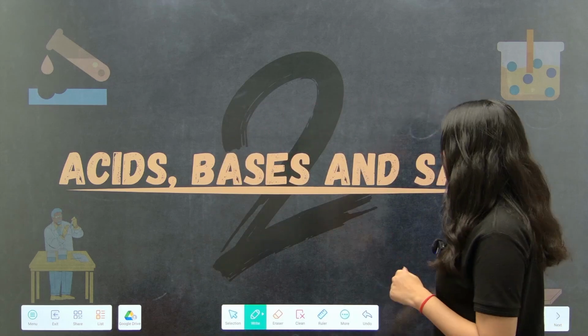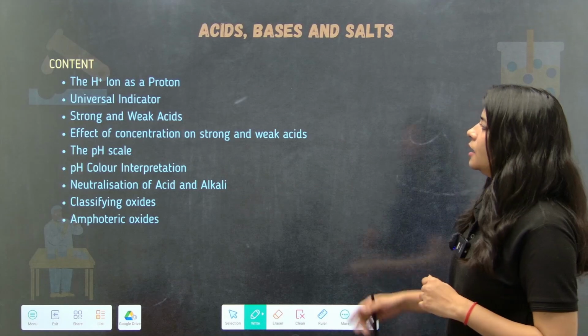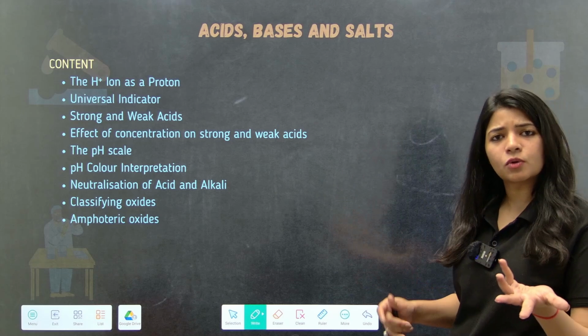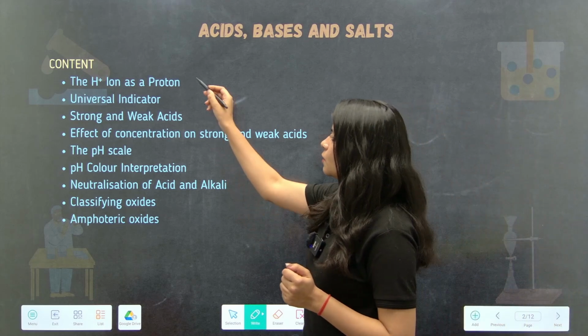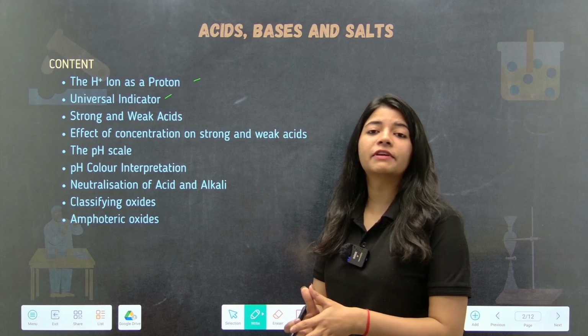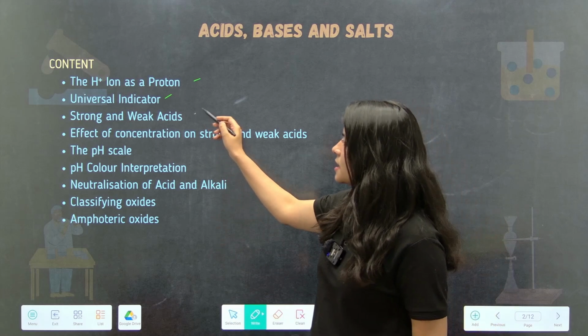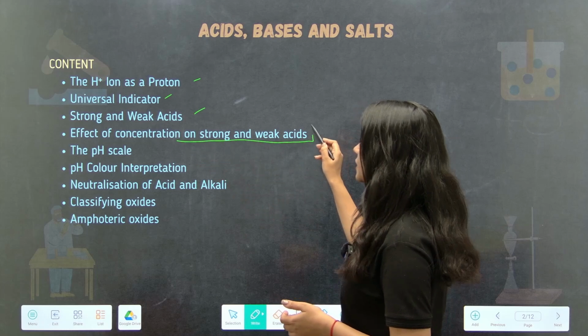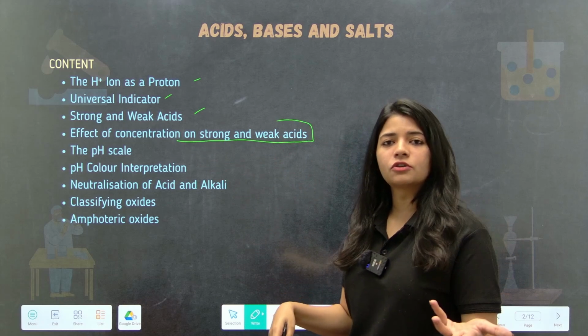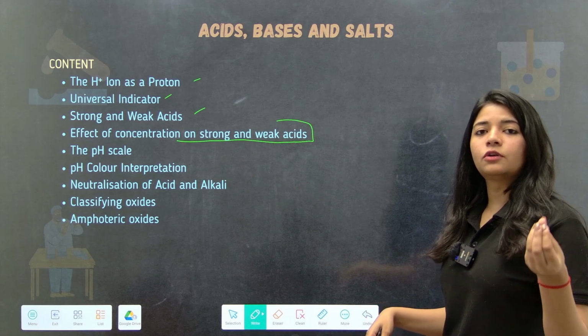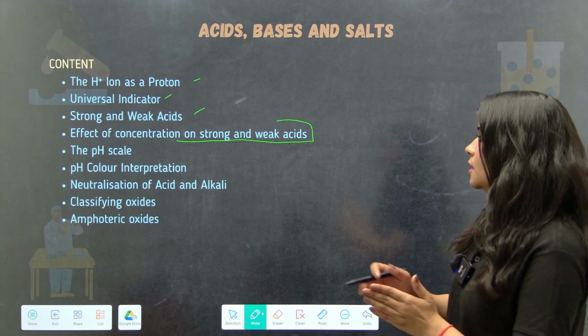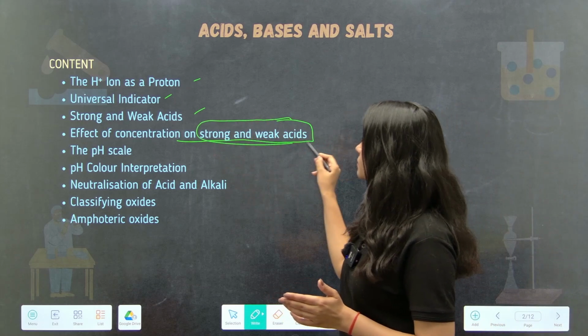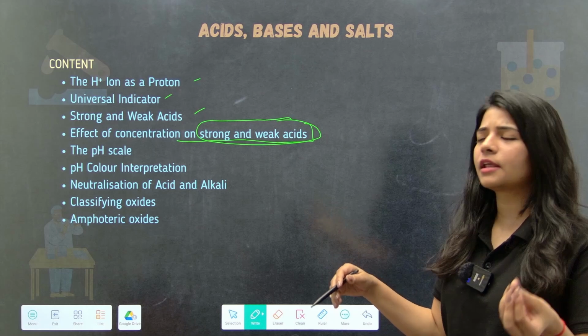Here we are going to discuss the H plus ion, which is also known as proton, then the universal indicator, then the difference between strong and weak acids, then the effect of concentration on strong and weak acids. Concentration plays an important role in the terms strong acid and weak acid.